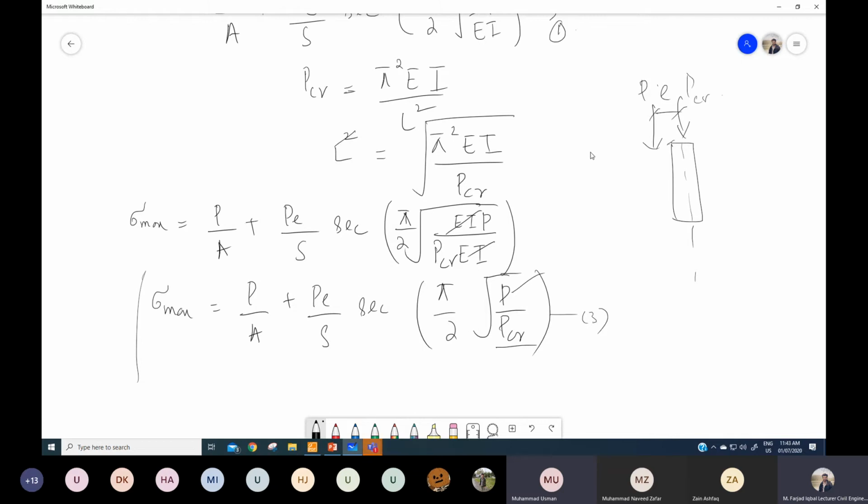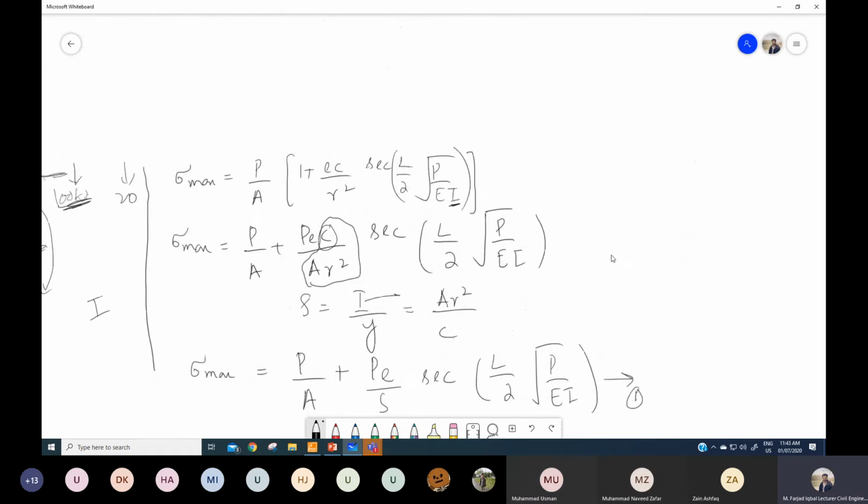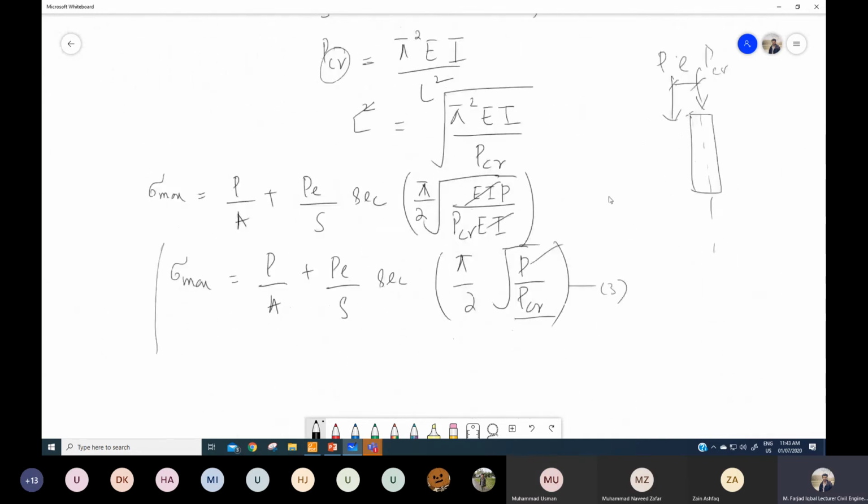It is the same kind of value, but in this case it is the Euler load because we have been using this factor. So it is the critical load for the Euler formula. Or you can write it as P E if you are confused, but I'm not using the E symbol because there is another E over here, so it can get confusing.